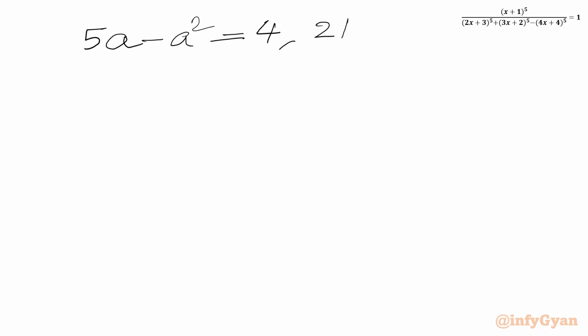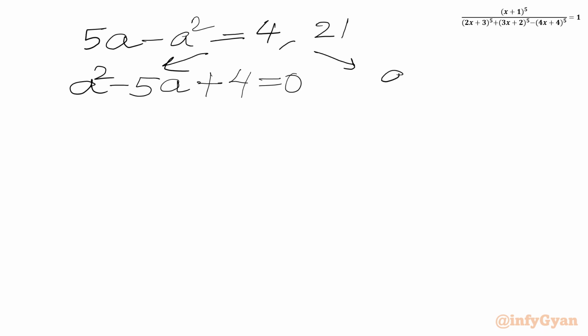Now we will take all the terms to the RHS. We can create two quadratic equations. First one, A square minus 5A plus 4 equal to 0. And second equation, A square minus 5A plus 21 equal to 0.